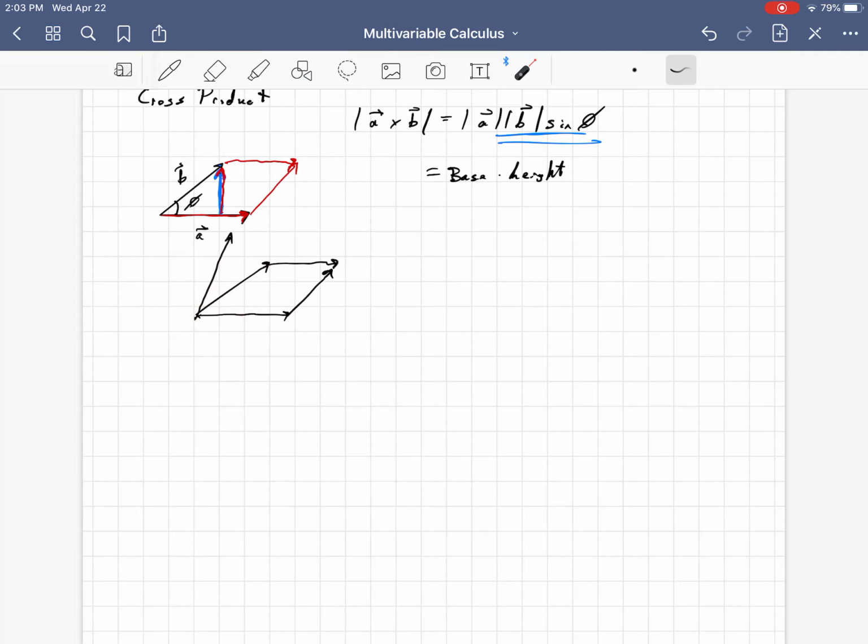Basically, each side is parallel. Each face is a parallelogram. So we have three vectors. We have one going here, and let's call this the x-axis, the y-axis, and then this is going up in the z-axis. And let's take this to be vector A, vector B, and vector C.